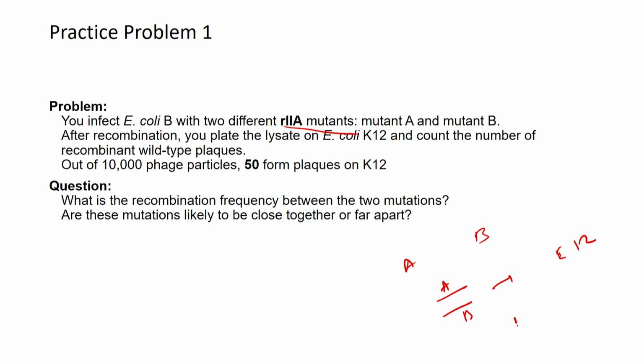So, you in total have 10,000 particles, and out of those 10,000, 50 were forming plaque, which means that there were 50 that are wild type. So, how would you get the recombination frequency? 50 by 10,000 times 100, just calculate it.